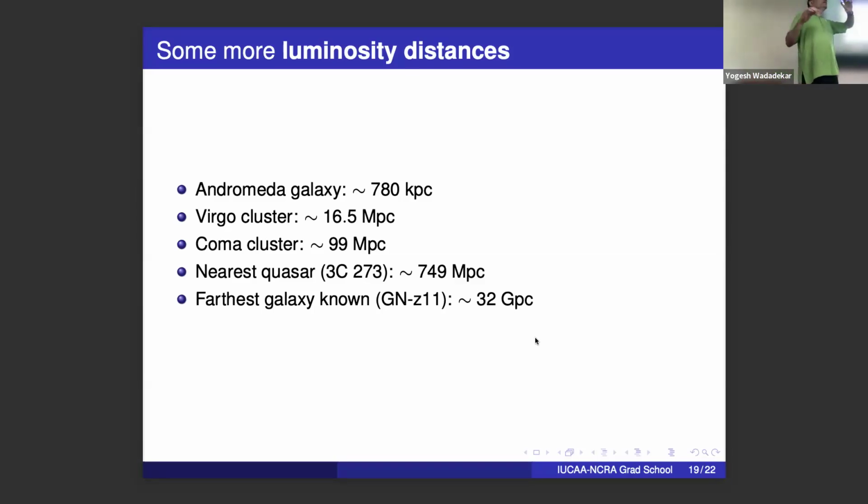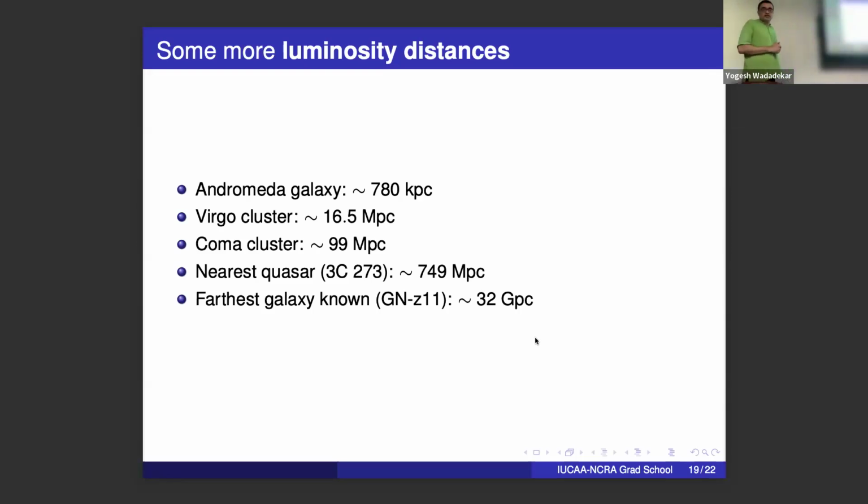So it is not ridiculously far away, right? If you imagine the Milky Way with a diameter of, let's say, 1 meter, then at the end of that room, Andromeda will be sitting.